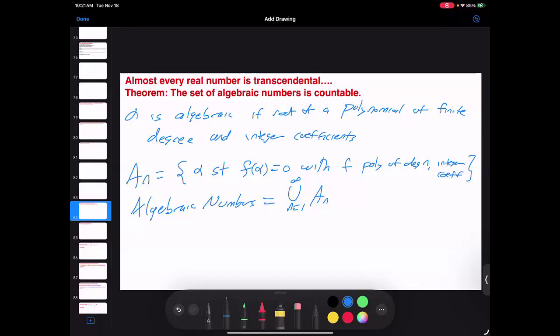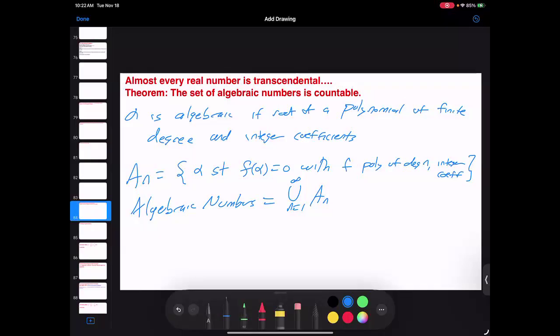x minus any integer, x minus 3, would be in A1. (x minus 3) squared would be in A2. (x minus 3) cubed would be in A3. This is not necessarily a disjoint union. If I give you a polynomial of degree 2 that has alpha as a root, and I multiply that by a polynomial of degree 5, I now have a polynomial of degree 7.